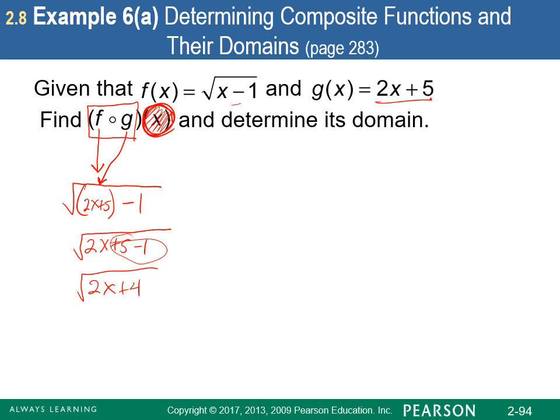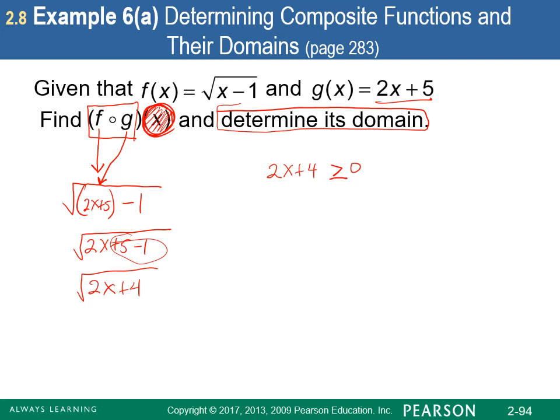Now, I think we've talked about this before, but I'll go through it here just in case. When we're finding the domain of a square root, we take the stuff that's under the square root and recognize that that has to be positive or 0.